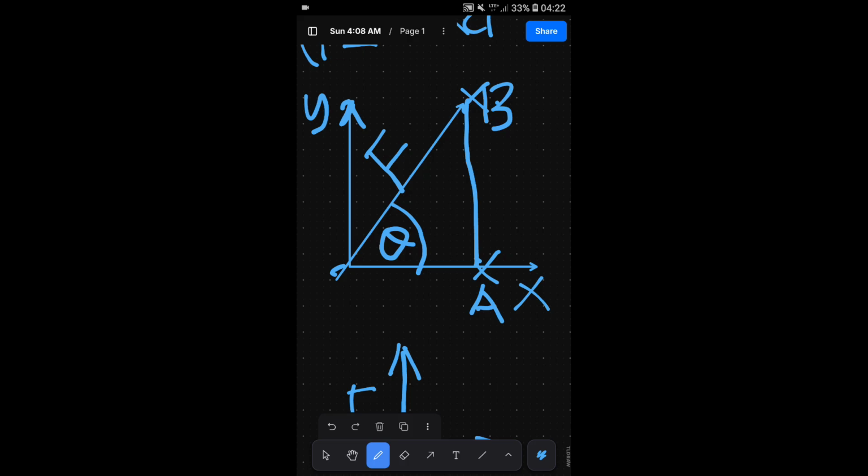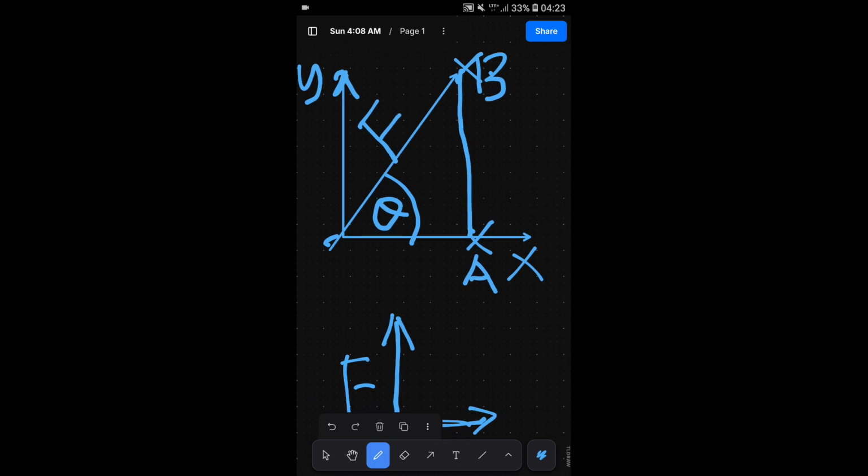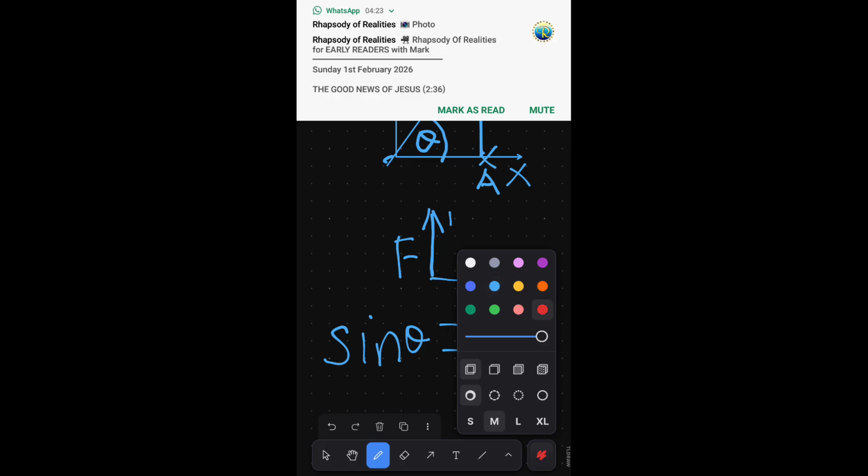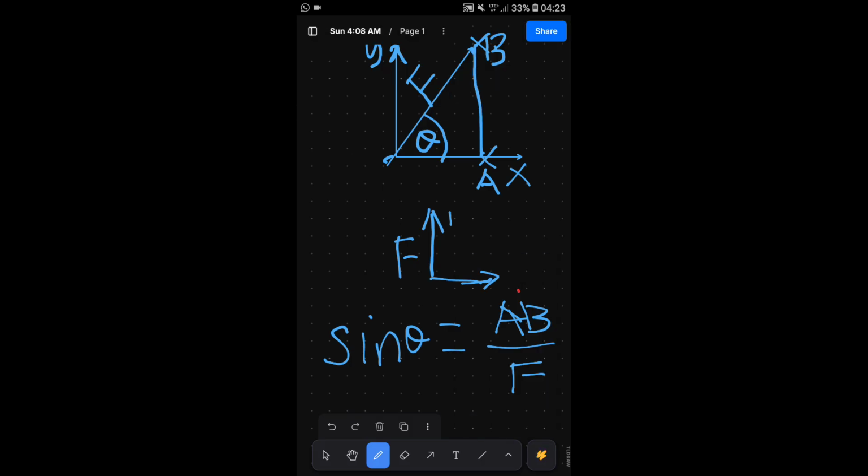So sine theta equals AB on F. It means that AB is going to be F sine theta, and this AB is the vertical component of this force. So here you write F sine theta up here.